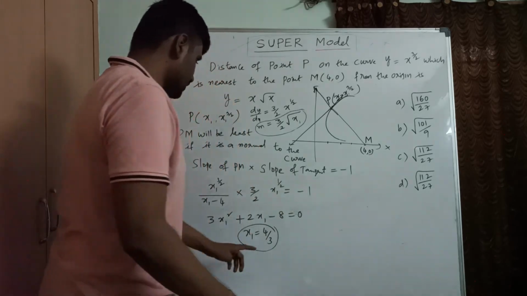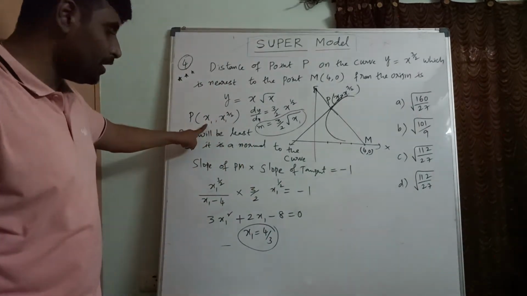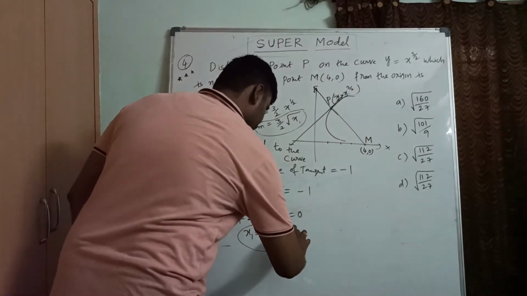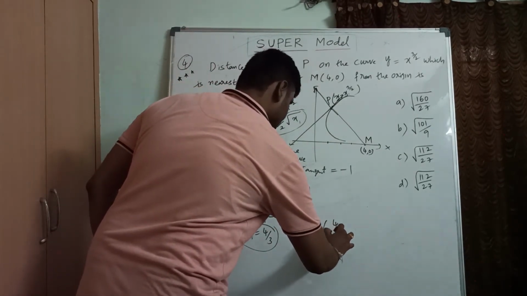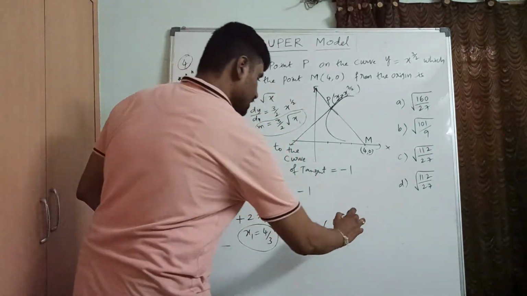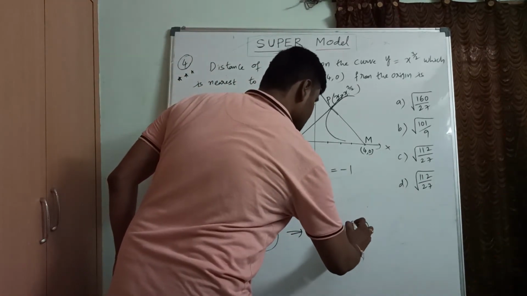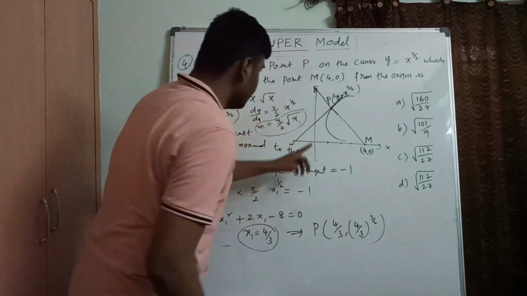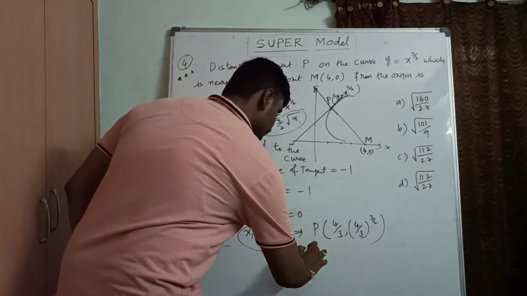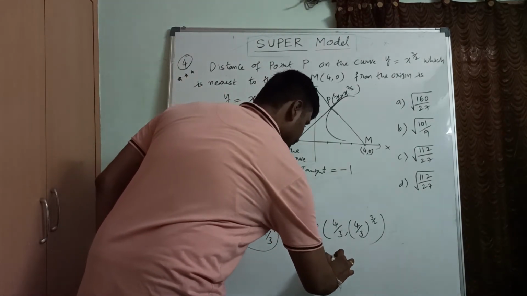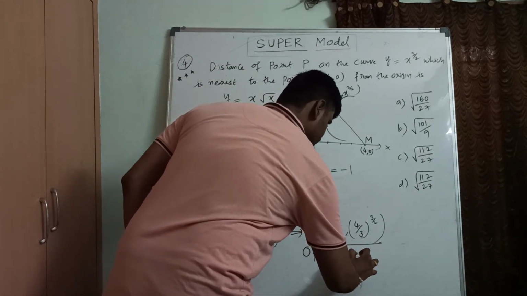Whenever x1 is 4 by 3, this point will become original. So what will be P? P is (4 by 3, 4 by 3 power 3 by 2). That's it. What you are going to find out is the distance of this point from the origin, OP. What is the distance of any point from the origin? Root of x square plus y square.